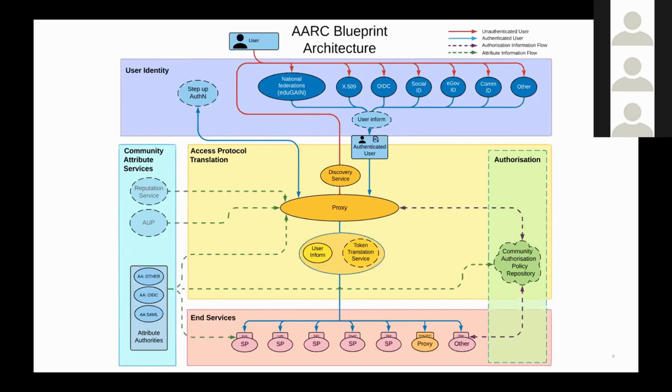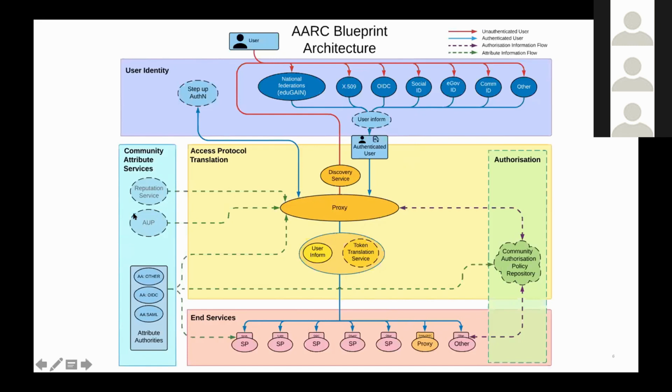As you can see in the diagram, we have identified 5 component layers based on the functional role. So there is the user identity layer, which groups services that provide electronic identities that can be used by users participating in international research collaborations.